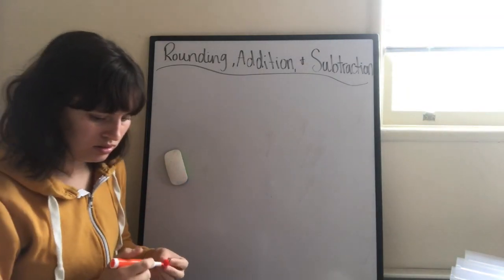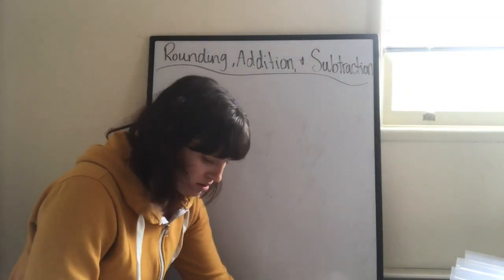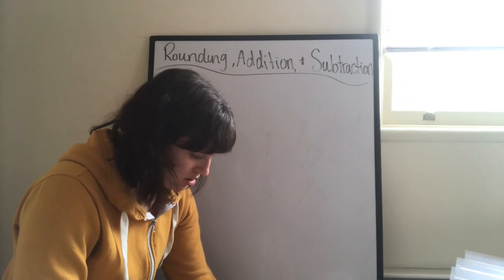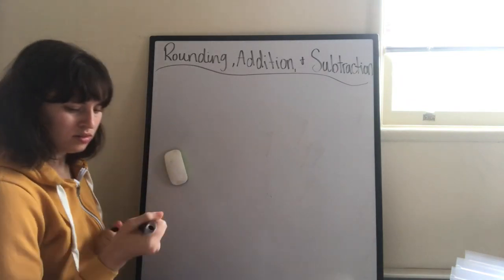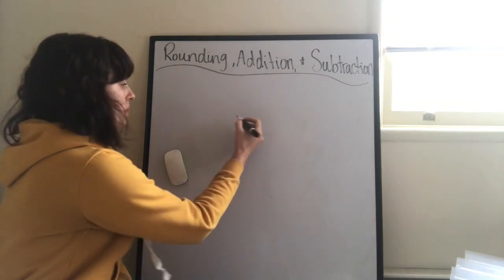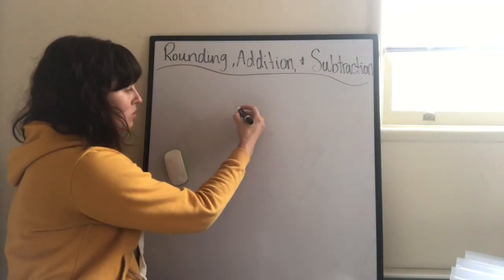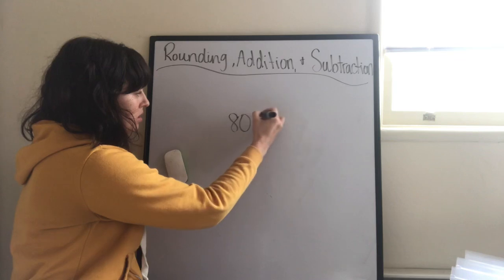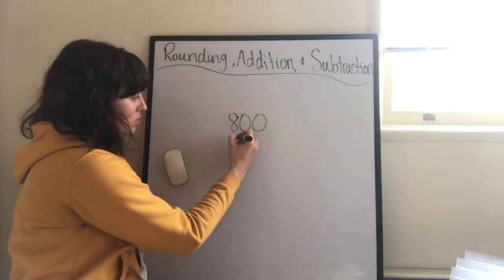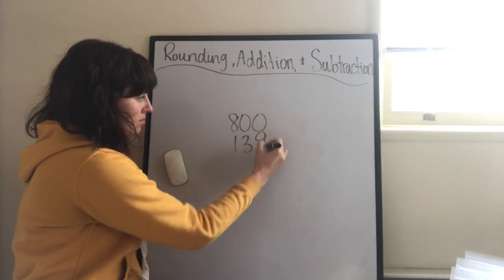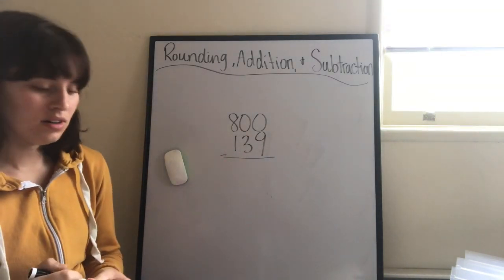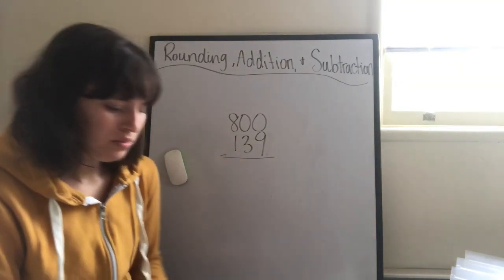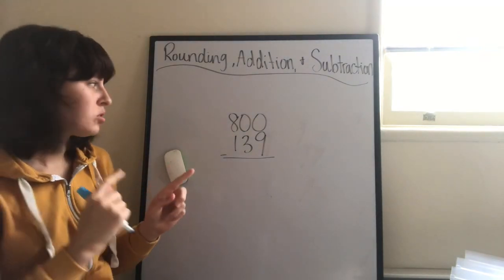So let's do one more example. Let's do 800 minus 139. These ones were harder because we have to go across more zeros.